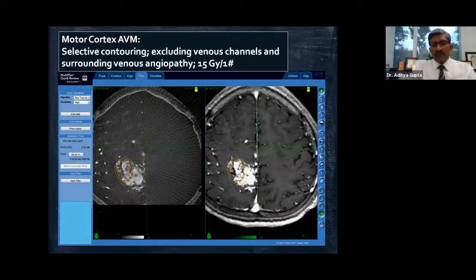In many of the centers, there may be a policy of contouring almost all the vascular structures that you see, but clearly that would expose this patient to a high risk of complications. So in this particular case, we were able to treat this AVM with a 15 gray single session treatment.